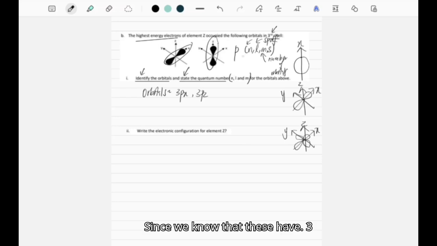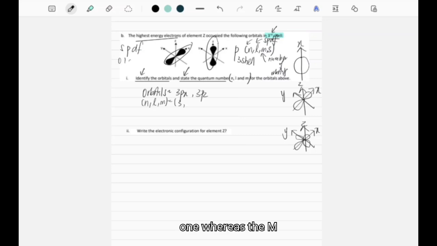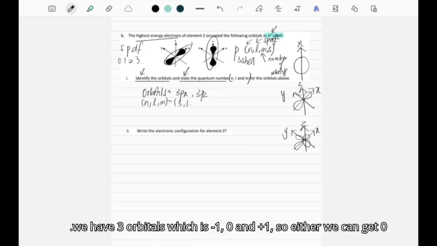Since this is the third shell, n starts with 3. For p, with s, p, d, f being 0, 1, 2, 3, l is 1, whereas for m we have 3 orbitals, which are -1, 0, and +1.